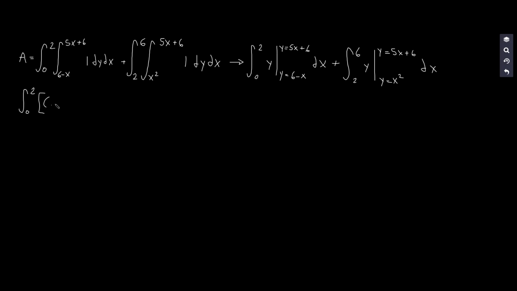So this is going to be 5x plus 6 minus (6 minus x), and we'll deal with that in a minute, because we're going to add to this the integral from 2 to 6 of 5x plus 6 minus x squared, with respect to x.